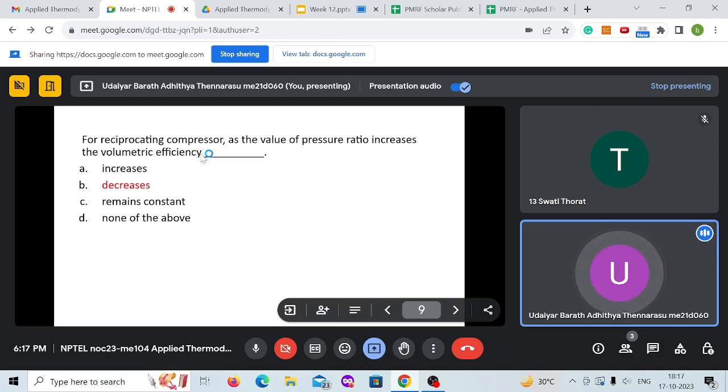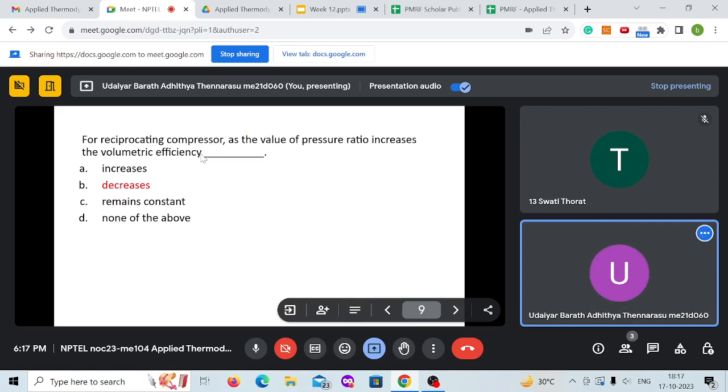Your volumetric efficiency is nothing but the mass of fluid coming in divided by the swept volume mass, or you can take the volume of fluid coming in by the swept volume. The volume of fluid coming in has gone down because a larger volume was already taken by the fluid which was there in the compressor. So this is what you can think of physically.